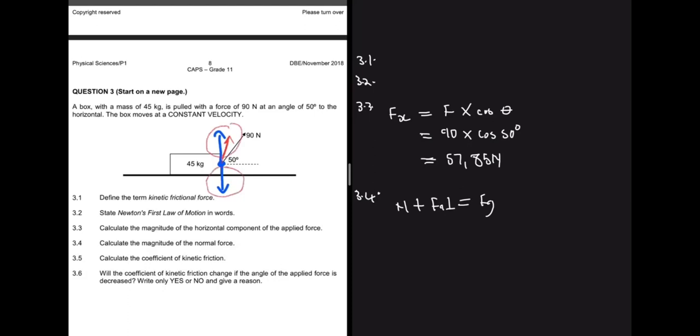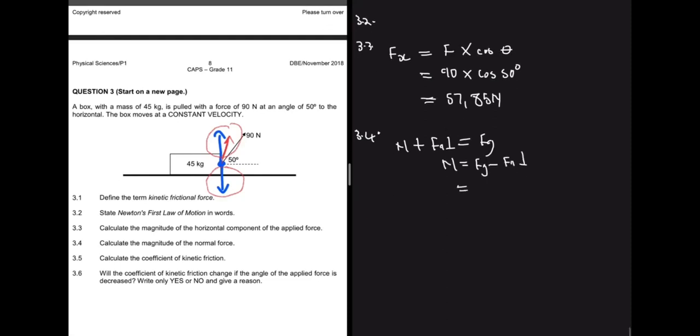So if you want to calculate the normal force, you will say normal force equals Fg minus Fa perpendicular. Now you know that Fg is the mass multiplied by 9.8. You will get 45 multiplied by 9.8 minus 90 multiplied by sine of 50 degrees.